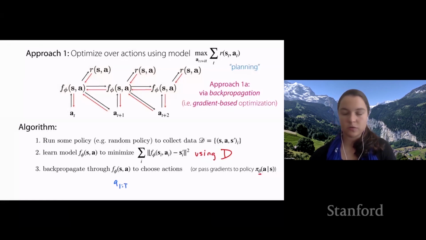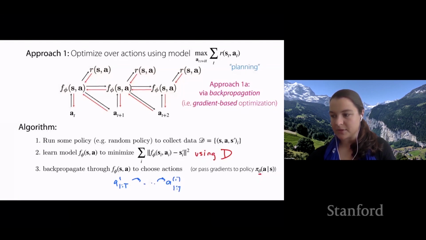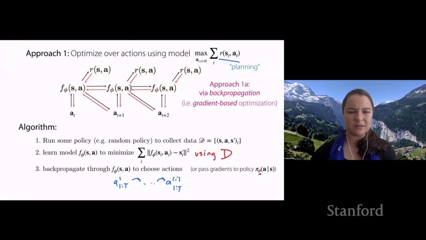What you can do is randomly initialize these actions and then pass them through the model, and iteratively update and optimize this sequence of actions such that it maximizes the reward, or the sum of rewards. To do this optimization, you don't actually need to optimize it over data, because you're optimizing over the action sequences, and you can generate fake data from the model itself.